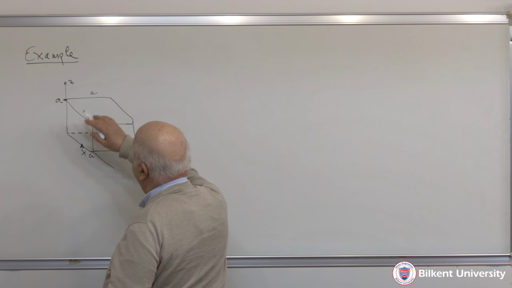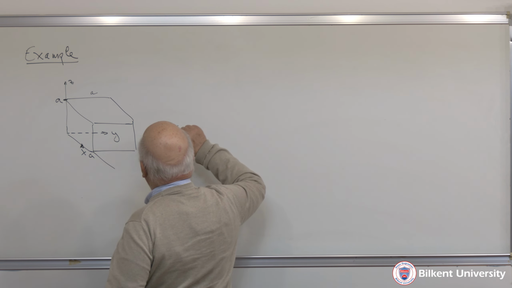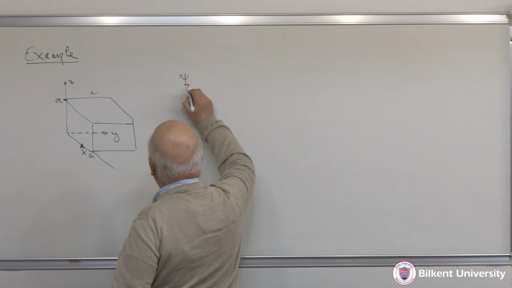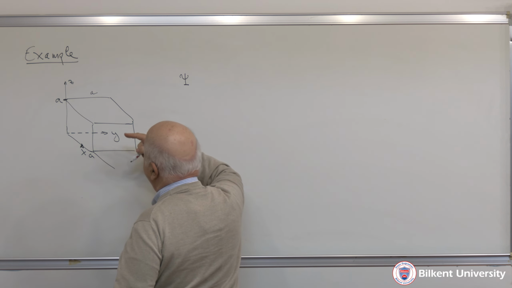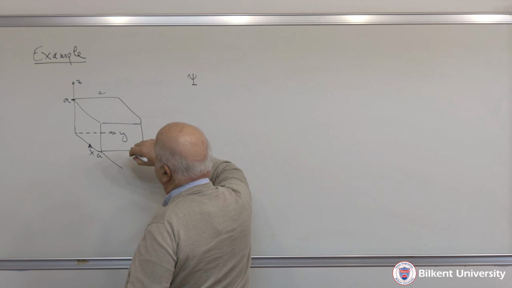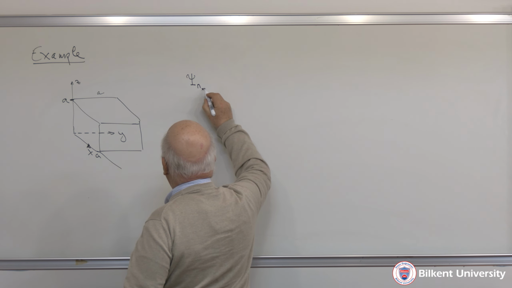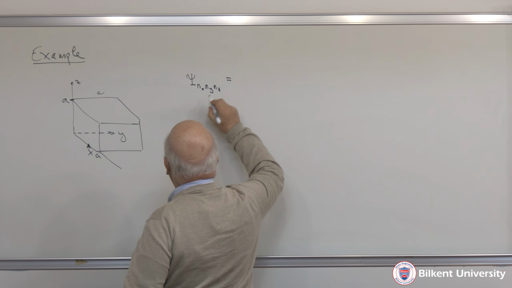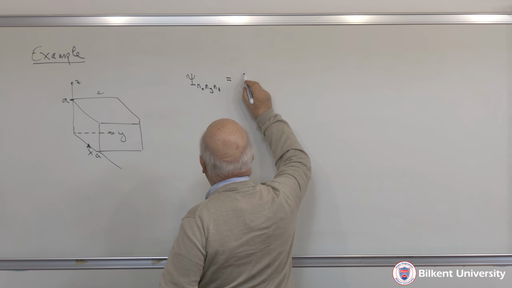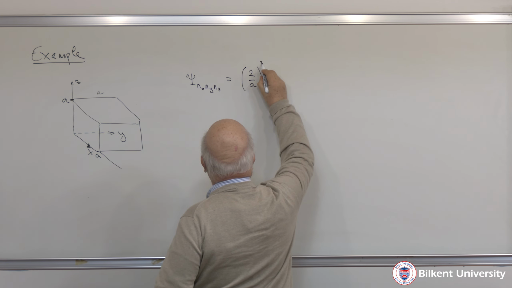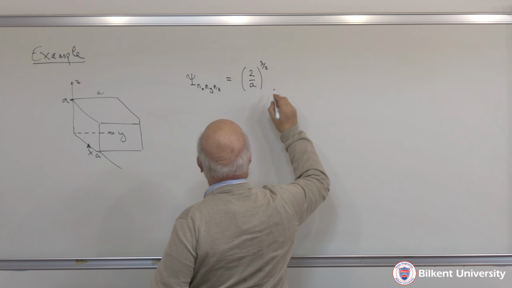So I have something like this. My psi is going to depend on three different n's, so let me call them nx, ny, and nz. There will be a normalization factor, which is going to be square root of 2 over a, but there are three of them, so to the power 3 over 2.